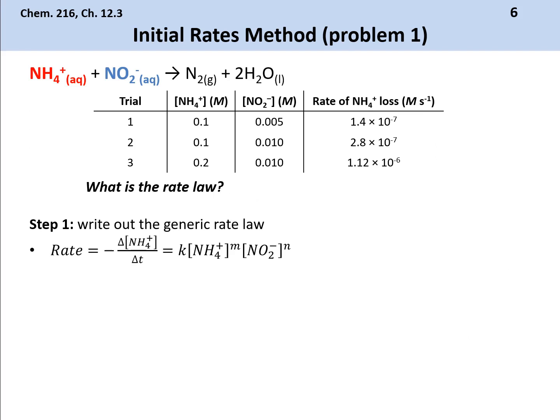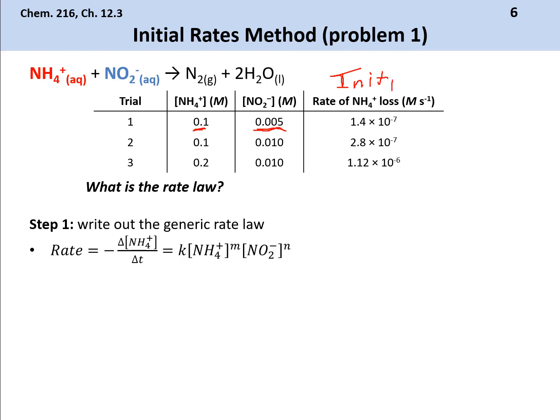So we did this experiment 3 times. The first time we had 0.1 molar of my ammonium, and 0.005 molar of my nitrite, NO2-. So I put these in my solution, and I looked at what my initial rate is.